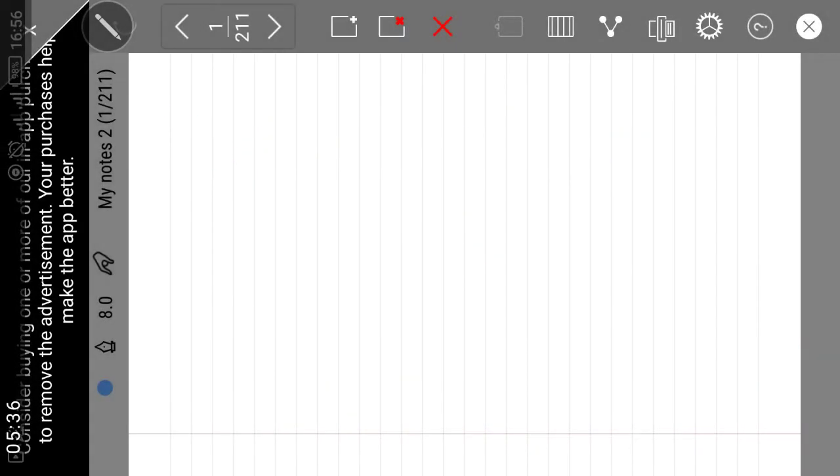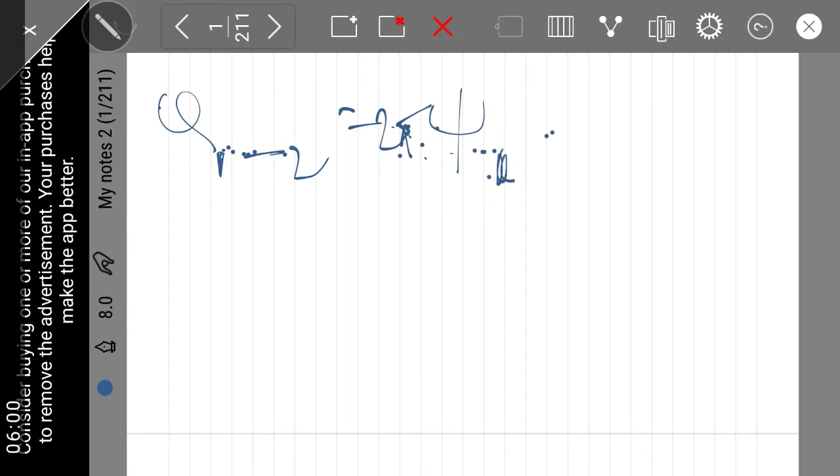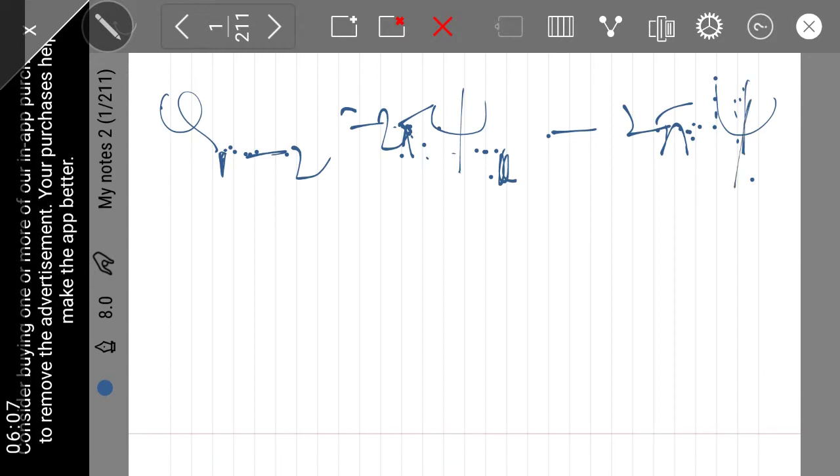So we proceed in the same manner. First is to find the stream function, because we know that Q12 is equal to 2 pi times the difference of the stream functions, psi 2 minus psi 1.